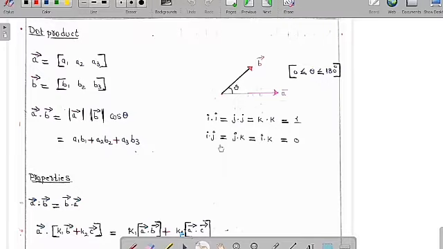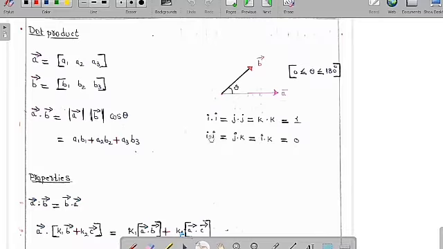But if you do the dot product of two vectors which are orthogonal to each other, the angle between these two vectors is 90 degrees. So cos 90 will become 0. Therefore, the dot product of two orthogonal vectors will always be equal to 0.